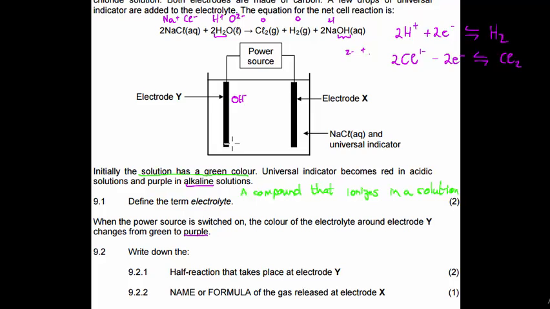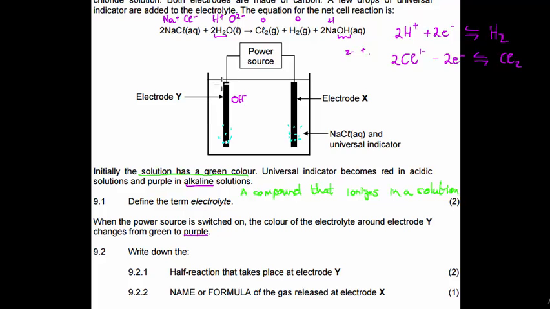Now the question is, both of these electrodes will produce gas, and which gas is produced at which electrode? All they tell us is that at electrode Y we see a change in color.